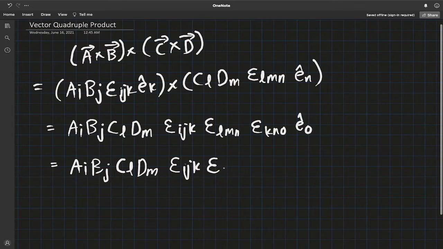ijk, okn or nok. We want the k, right, for the Levi-Civita identity to work.